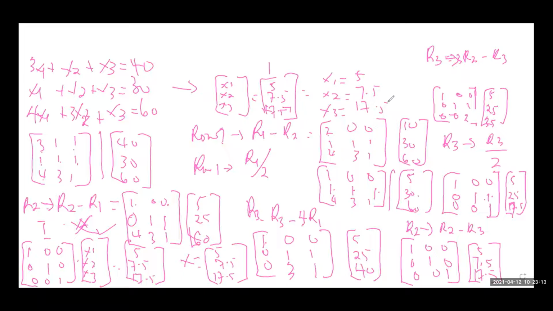That's my solution. So we have only used the row operations to determine the identity matrix of that system of linear equations to find X1, X2, and X3. Any question, please?